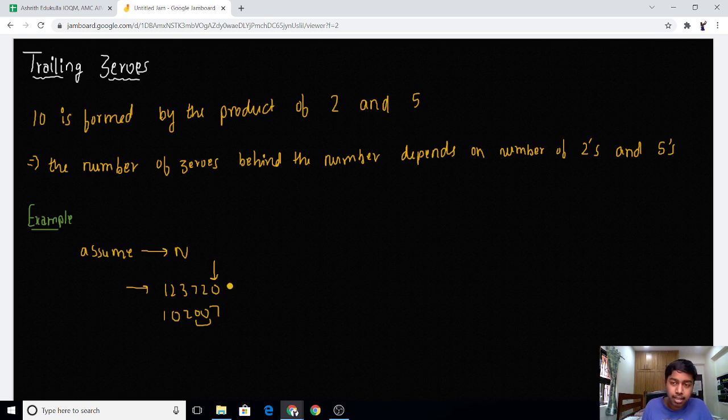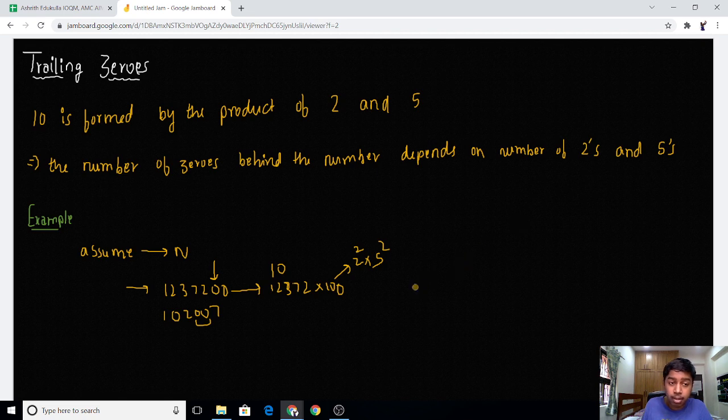So let us consider a number 10. I can write this as 1 2 3 1 2 3 7 2 into 10. This 10 can be written as 2 into 5. If it is 0 0, this is 100, which is nothing but 2 square into 5 square. So the number of trailing zeros depends upon the number of 2's and 5's.